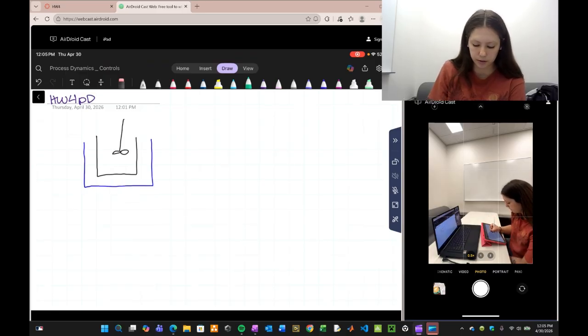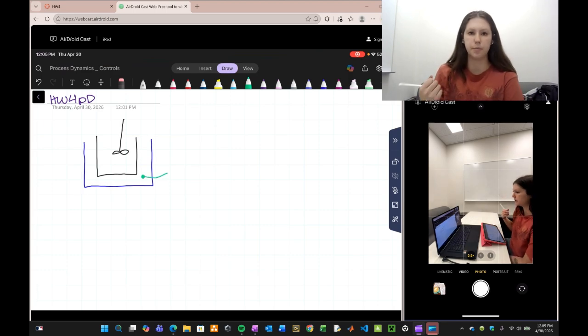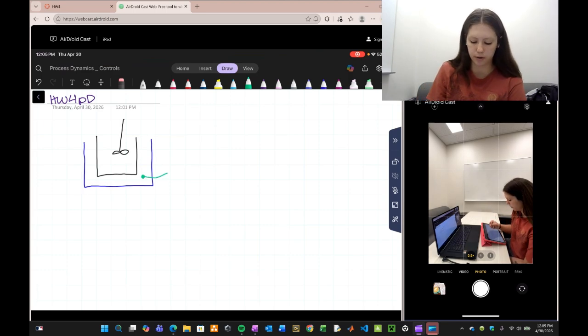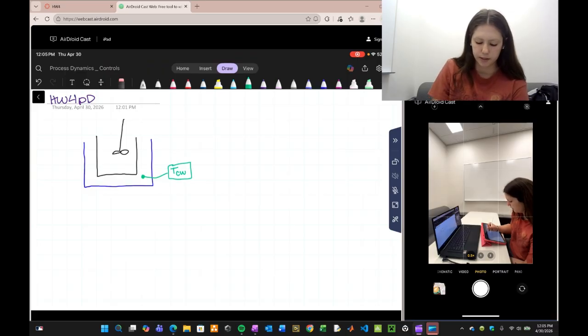I'll use green. It will have a probe right here measuring the temperature of the cooling water. And then there will also be a probe inside of the reactor that will be measuring the temperature of the reactor.